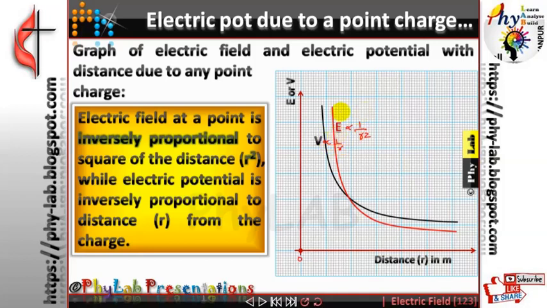Remember, friends, this graph is not up to scale, and also you should understand that at a unit distance from the point charge, both electric field and potential will be equal in magnitude. So at this unit distance, both will be equal to each other, friends. As I told you, this graph is not drawn to scale. This graph is also pretty important for you to understand, so please take care about this particular graph.